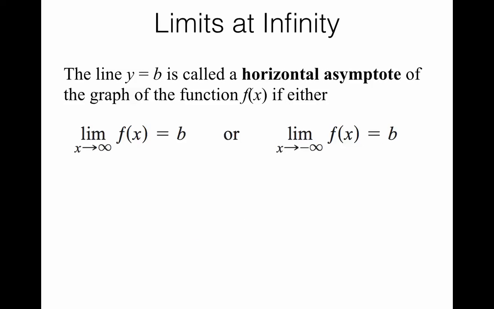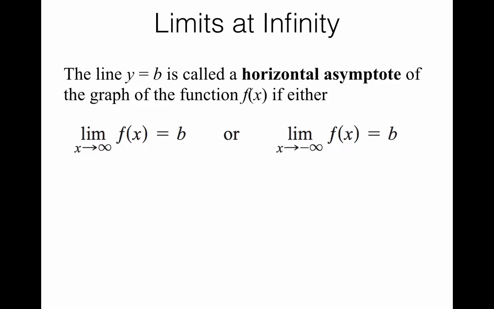Now we define a horizontal asymptote. The equation of a horizontal line looks like y equals a number. So if you consider the graph of a function f, we say that the line y equals b is a horizontal asymptote of the graph of f of x if the limit of f of x as x approaches infinity equals b, or the limit as x approaches negative infinity of f of x equals b.